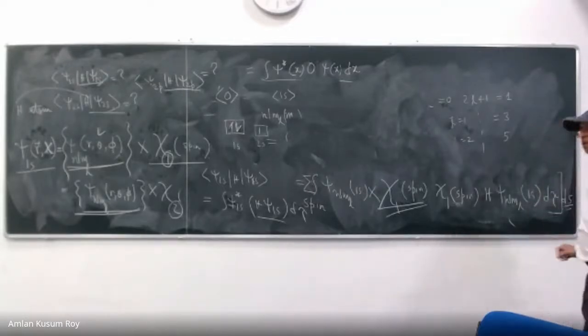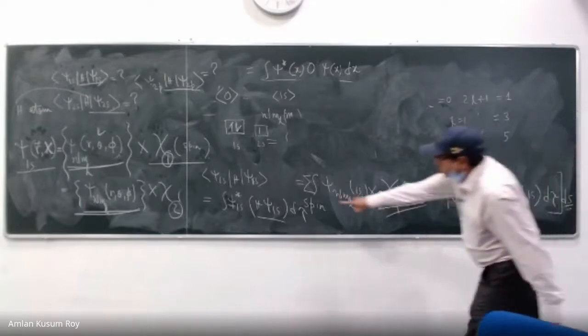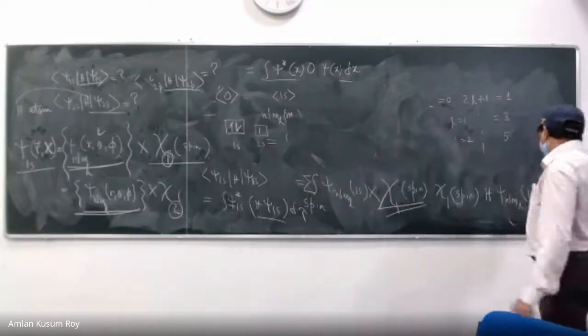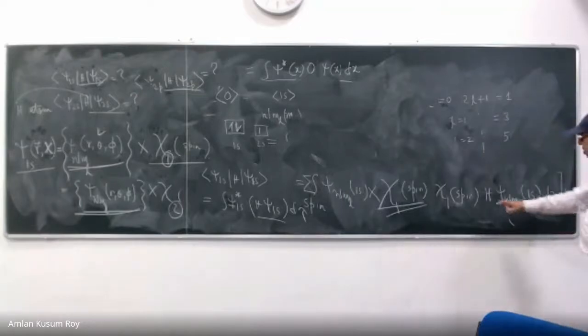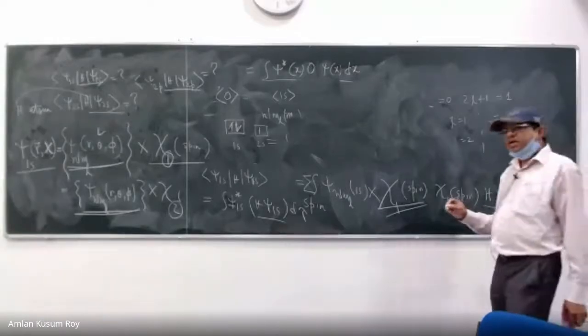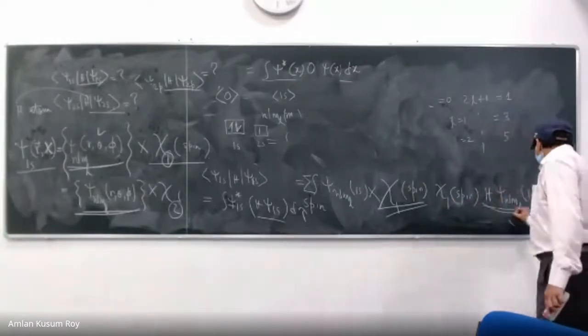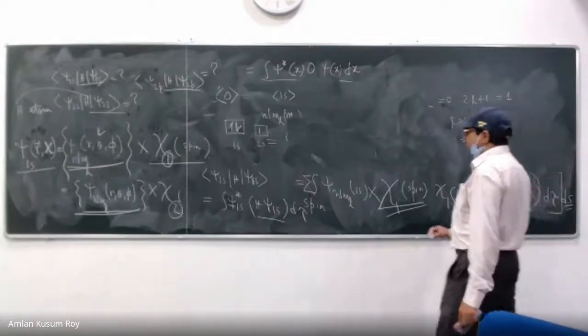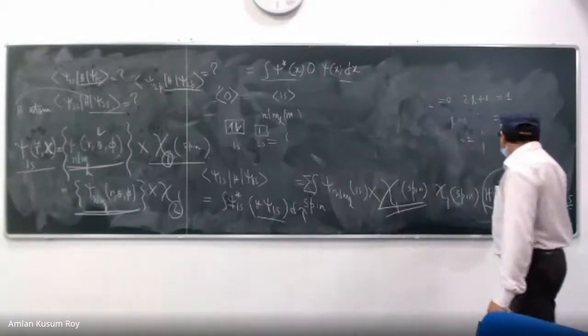Let us call it spin for the spin part. But remember, spin always comes with a summation, not an integration. Don't worry about that at this point. H psi is equal to E psi, exactly what we have been doing all the time.